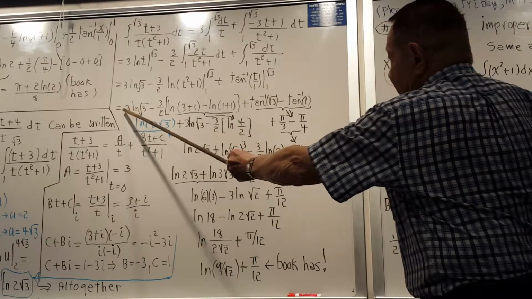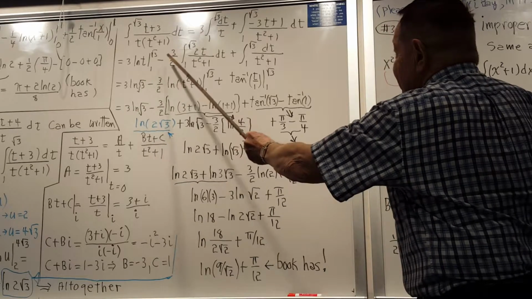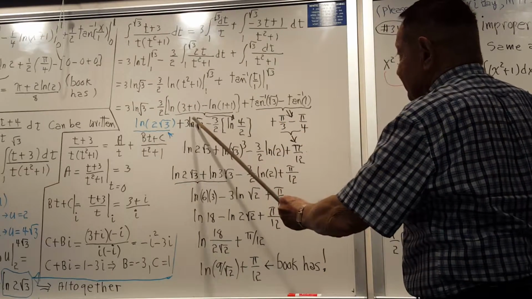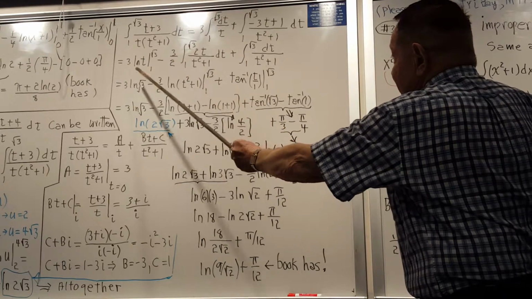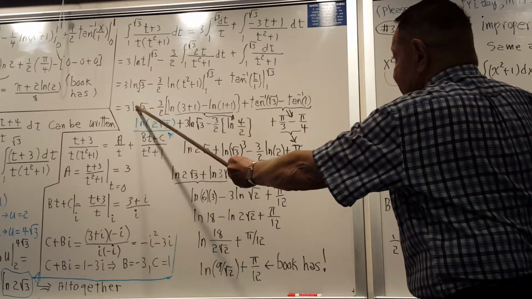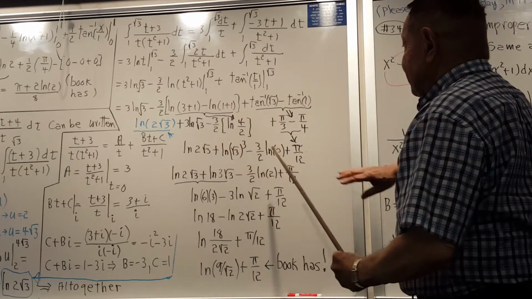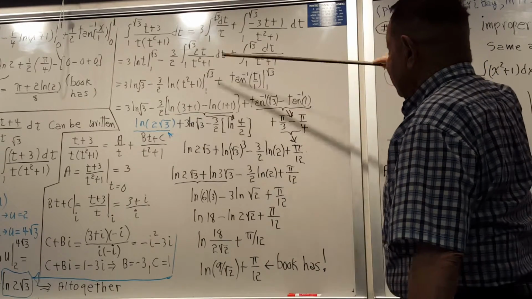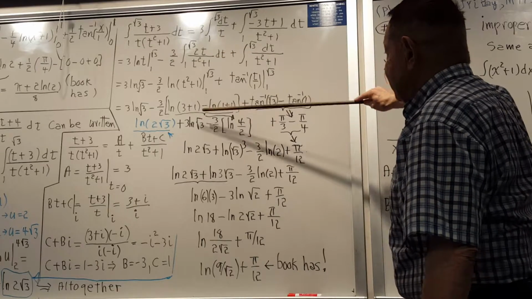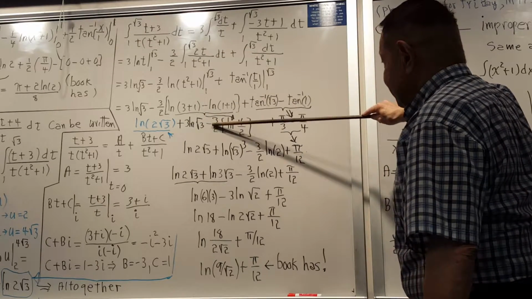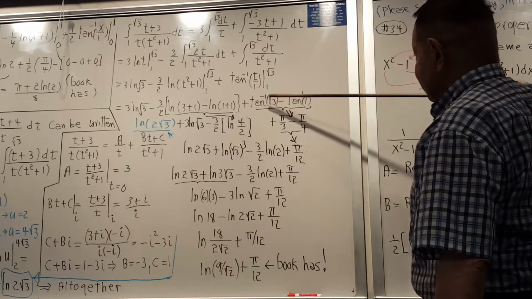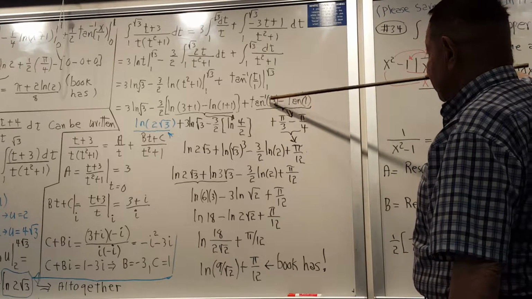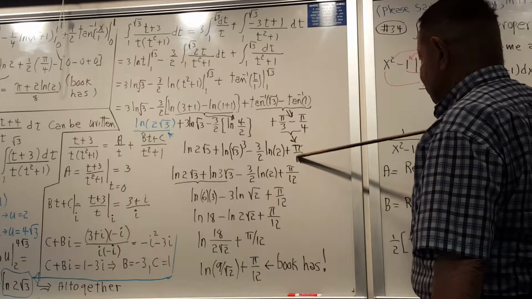And then we have the 3 log root 3 from this first integral, which is there. So this integral is there, and is finally here. And then this one is this part, and that's finally here. And then the arctangents give you pi over 3 minus pi over 4, which is pi over 12.